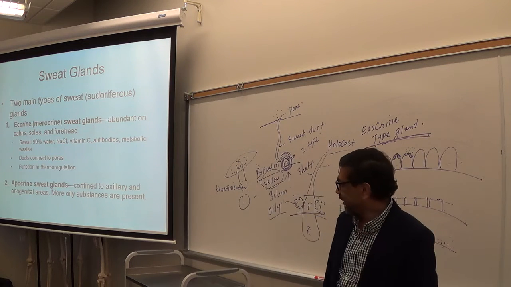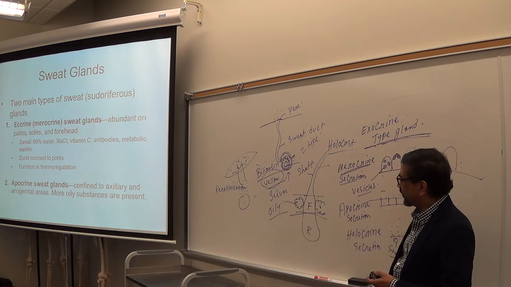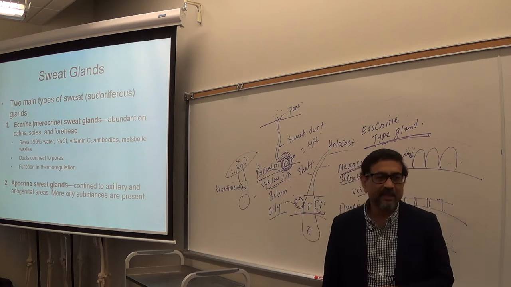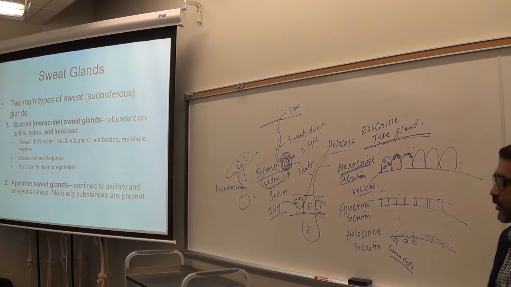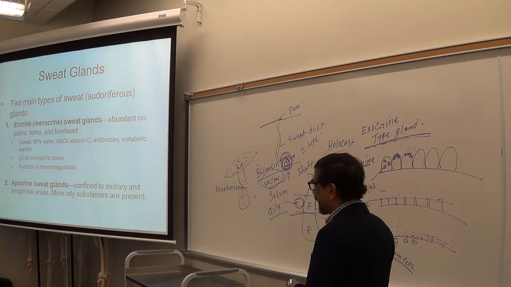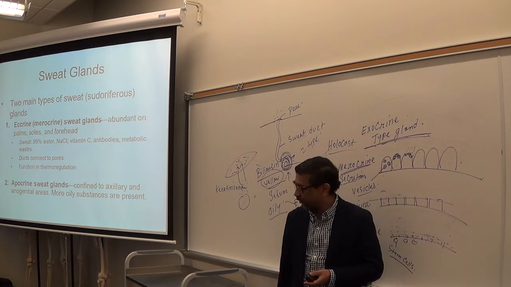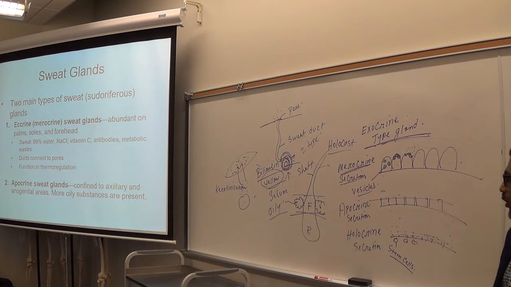Because the secretion is an oily secretion, and it has some chemicals that can destroy or retard the microorganisms. Those confined areas are potential areas where microorganisms can grow, but because of this secretion, they cannot grow.